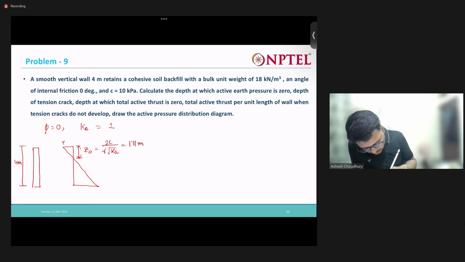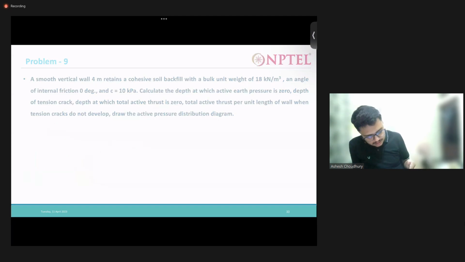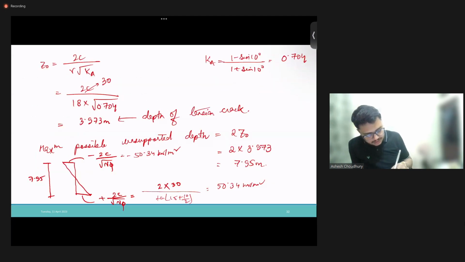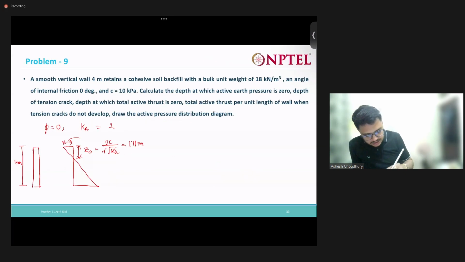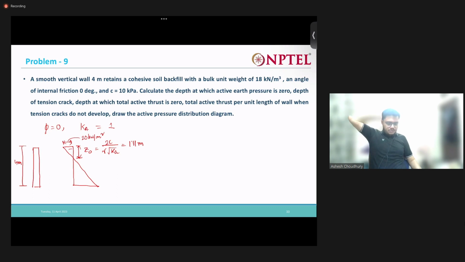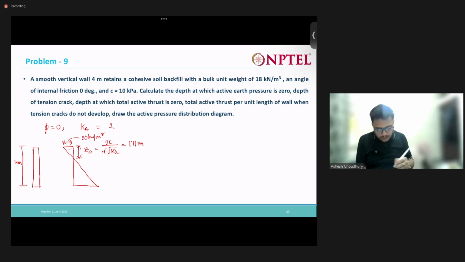And what is this value? Twice c root over k. So what is that? That will be twice c only, right? Twice c by n phi. So it's twice c only. 2 into 10, 20. This is minus 20, right? And what is this value, can you tell?